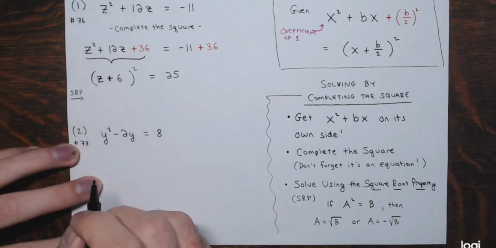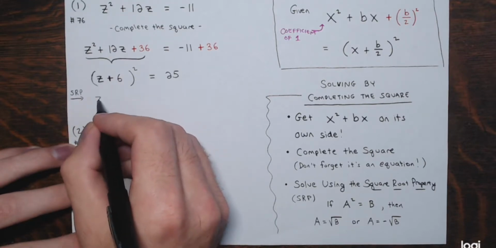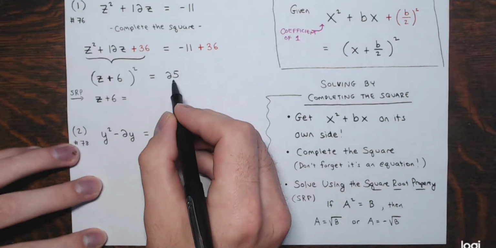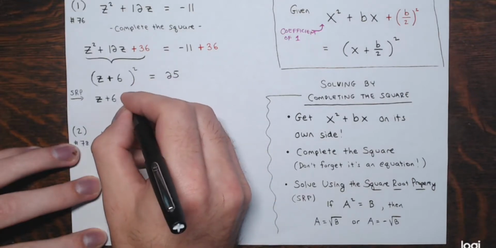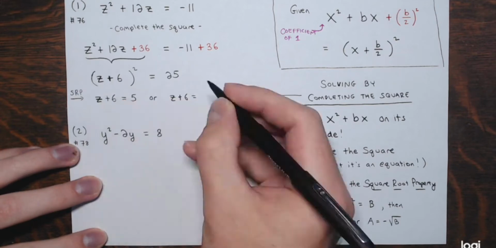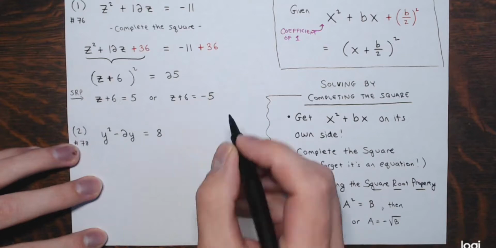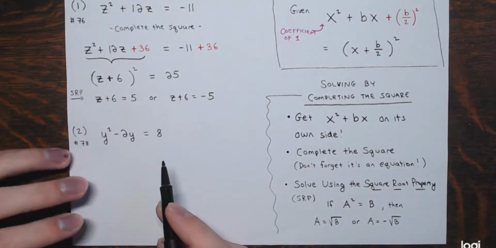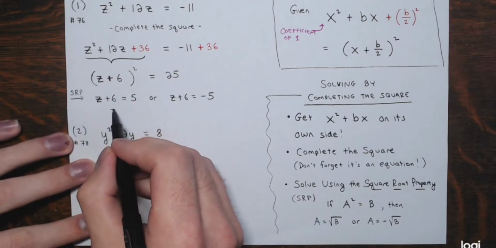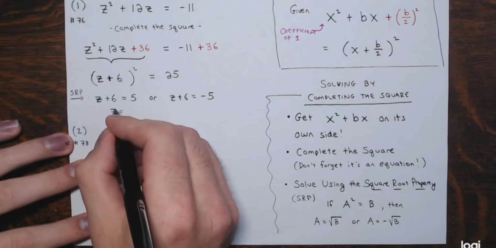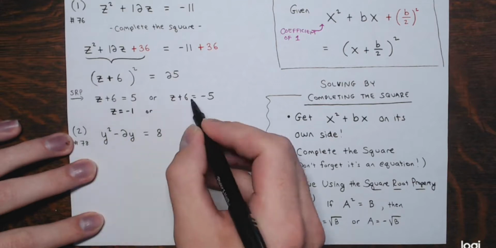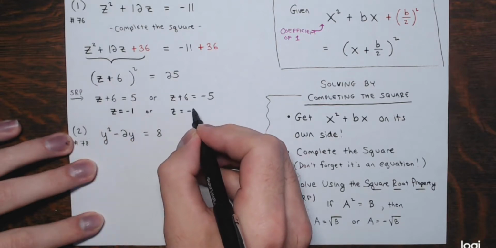By the square root property, z plus 6 is either the square root of 25, which is 5, or z plus 6 equals the negative square root of 25, which is negative 5. Then I solve each of these for z, and then of course check our solutions. In both of these I'm just subtracting 6. So the first equation here, 5 minus 6 is negative 1. And subtracting 6 here, we get z equals negative 11.